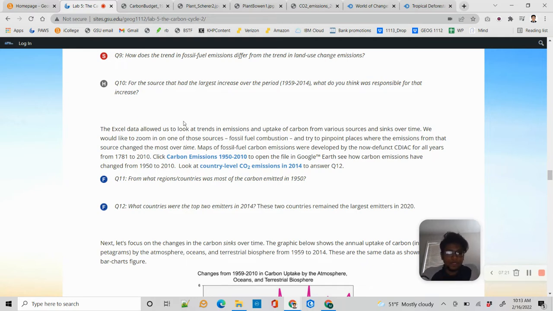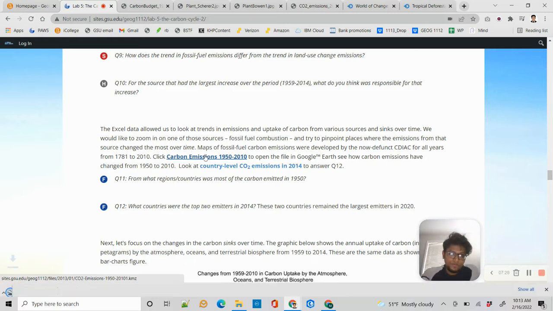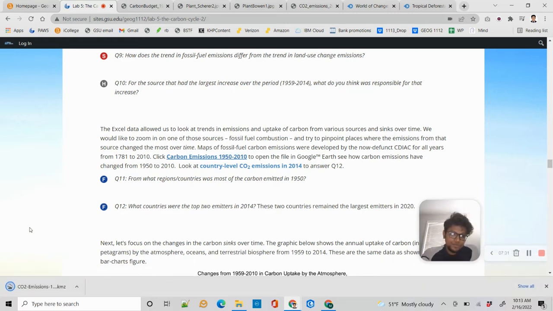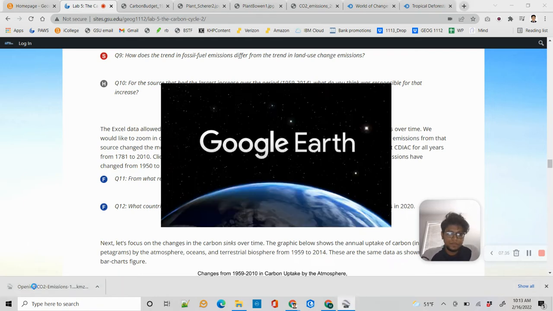After that you'll have to go for questions 11 and 12, and there is a Google Earth file. You need to click on that. That will download the Google Earth file here. So all you need to do is click on that, and it will open in Google Earth.